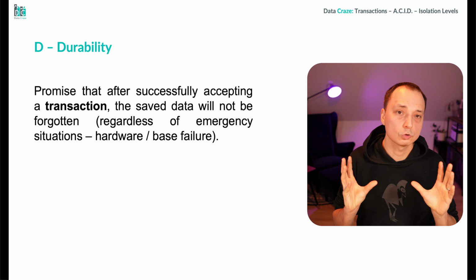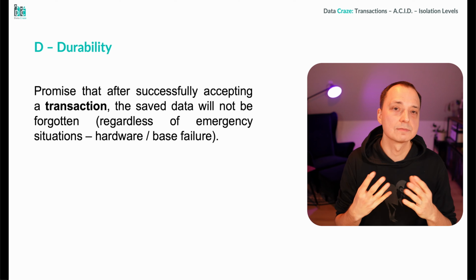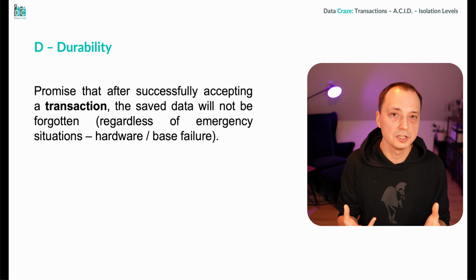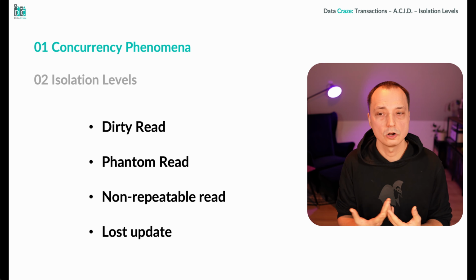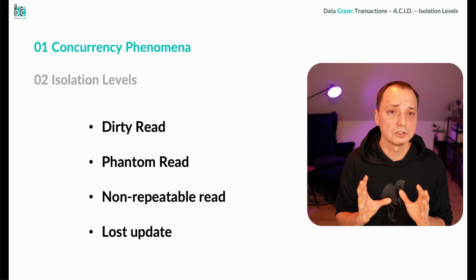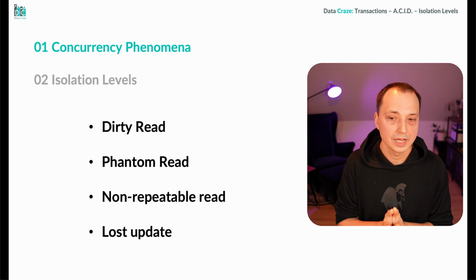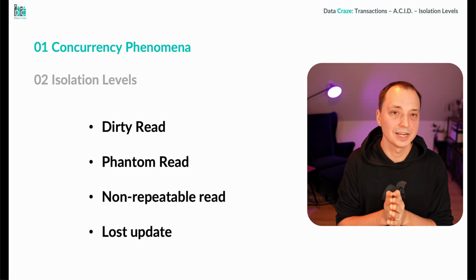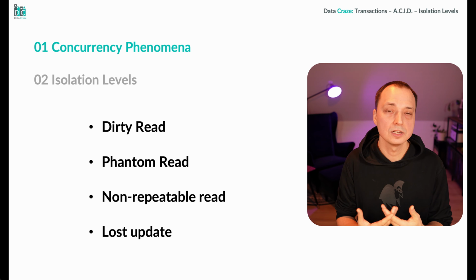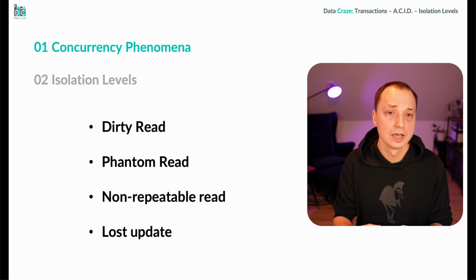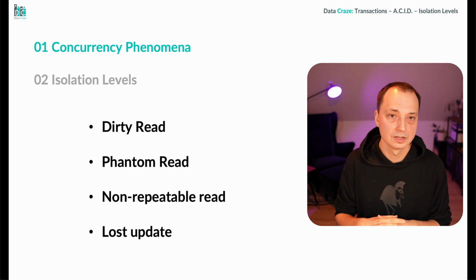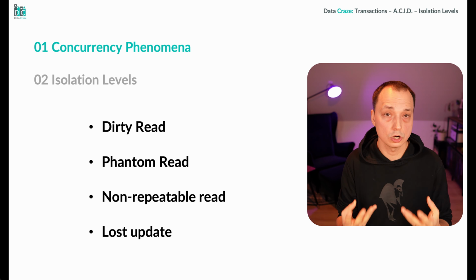Now, to understand better and to fully explain the case from the beginning of the video, the operation of moving money from one bank account to another, we have something called concurrency phenomena. This is strictly related to isolation, and the way these concurrency phenomena are handled is strongly connected to how your database of choice handles them. There are 4 different isolation levels that you can use to solve those phenomena.